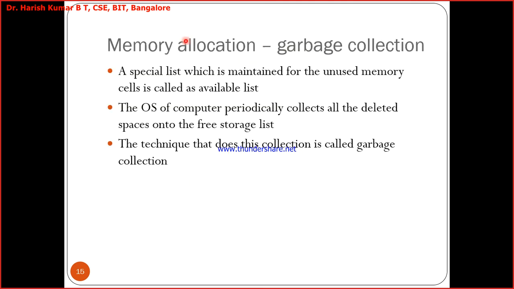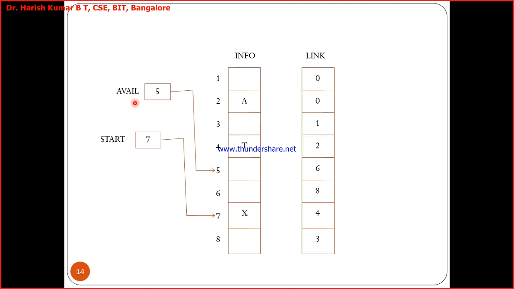Then memory allocation and garbage collection. A special list which is maintained for unused memory cells is called the available list. That is what I told you. Unused memory locations are 1, 2, 3, 4, 5, and there is a 5 here.